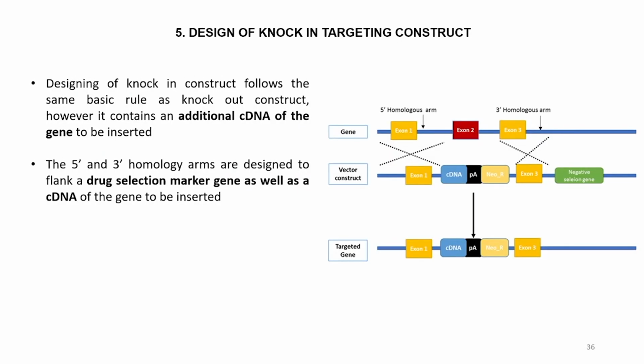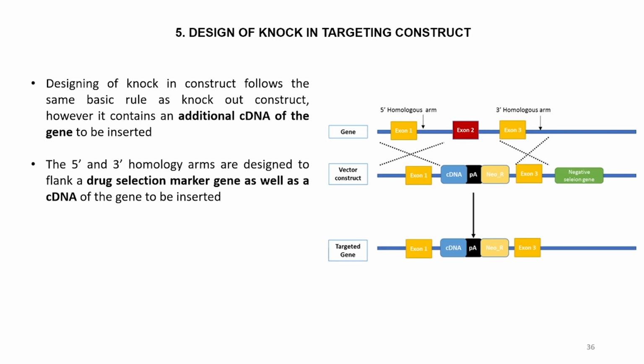Let us now discuss the design of knock-in targeting constructs. So, designing of a knock-in construct follows the same basic rule as in the case of knockout constructs. However, here we have an additional DNA insert, or cDNA, of the gene to be inserted.